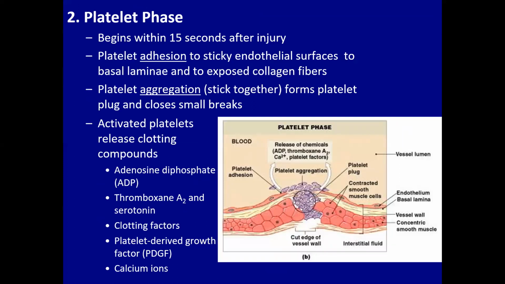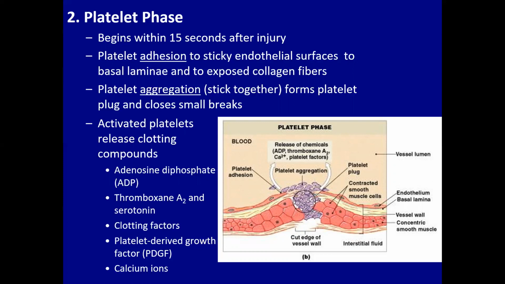The second step occurs within 15 seconds after injury, and this is called the platelet phase. So the platelets that we just talked about, those cell fragments, are going to stick to those sticky endothelial surfaces. So this is called platelet adhesion, and they're going to stick, and they're going to continue to stick until they aggregate.